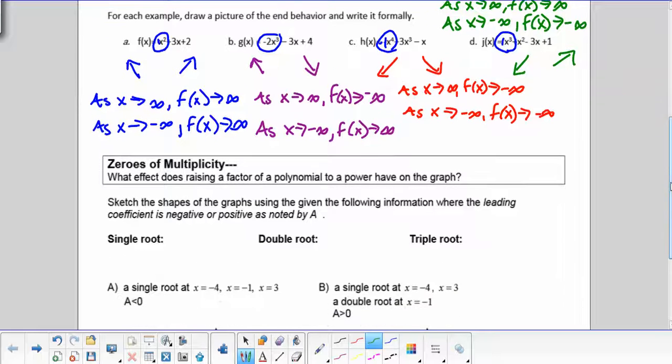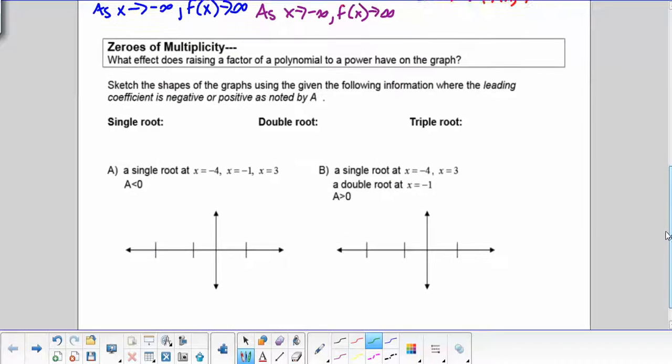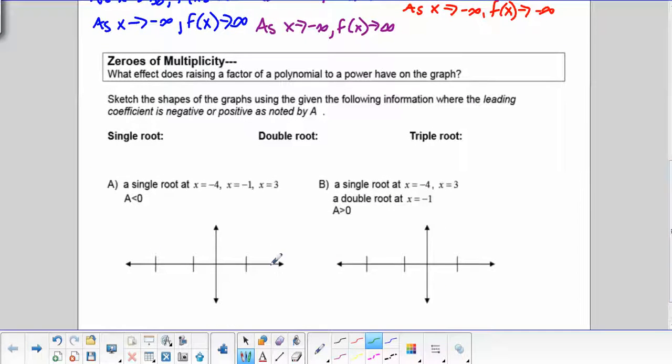Let's talk about zeros. Zeros are where the function crosses the x-axis, and sometimes a function can have a single 0, remember root means 0, a double 0, or triple zero. So this would happen if you have a factor that happens just once. This would happen if your factor happened twice.